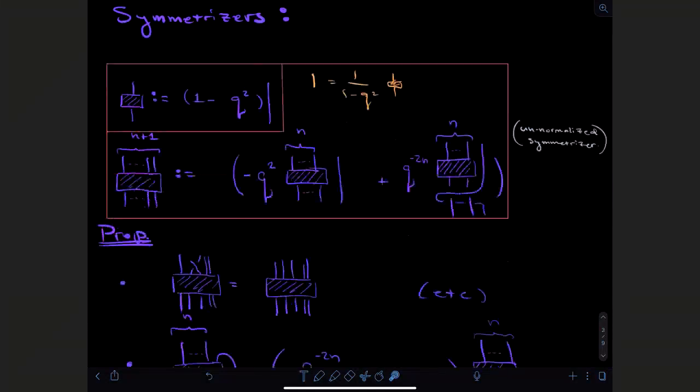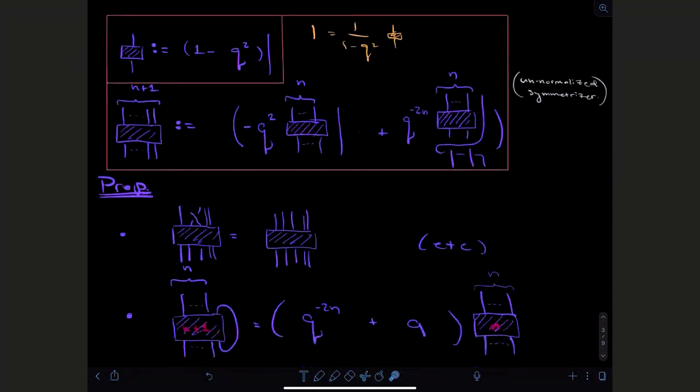It's an exercise to show that these elements that I've just defined really are symmetrizing. So the symmetrizing property is expressed here. These boxes absorb braids with, in fact, no, so in these normalizations, there's actually no additional factor there.